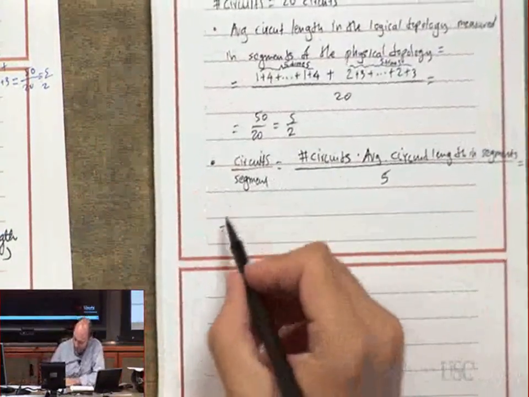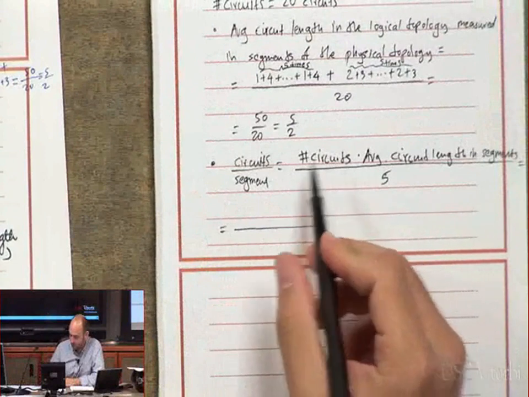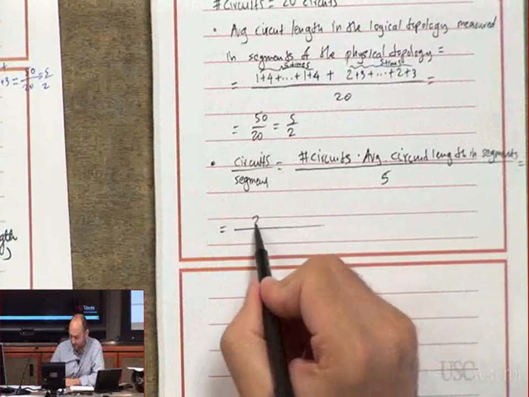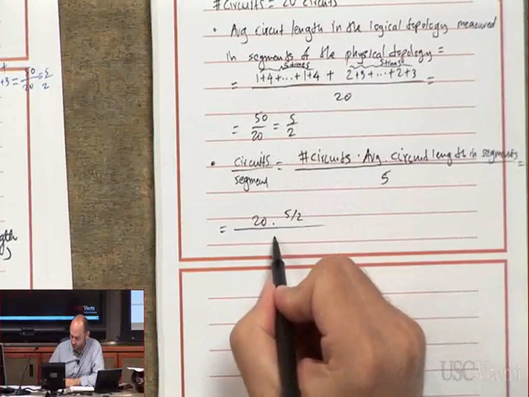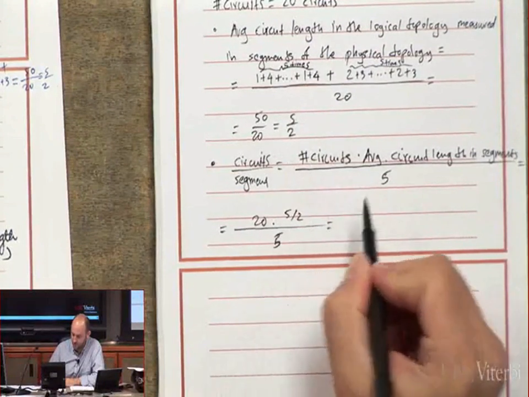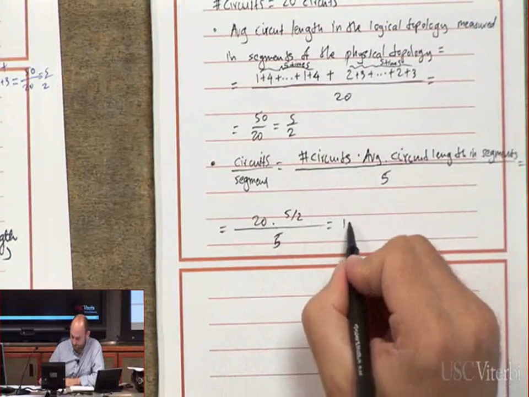And this is equal to what? We have the total number of circuits, 20. We just found the average circuit length, which is 5 over 2, over 5, and this gives you 10.